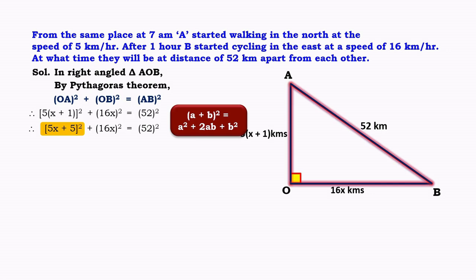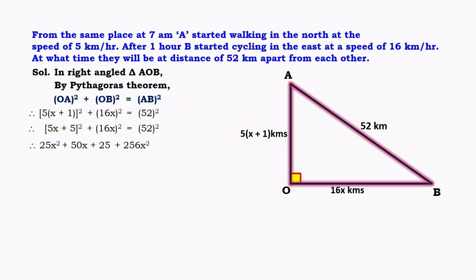Now, expand (5x plus 5) whole squared using the identity (A plus B) whole squared equals A squared plus 2AB plus B squared. This gives 25x squared plus 50x plus 25. Also, (16x) whole squared is 256x squared and 52 squared is 2704. Substituting these values, we get 25x squared plus 50x plus 25 plus 256x squared is equal to 2704.